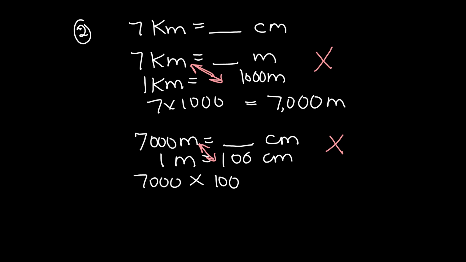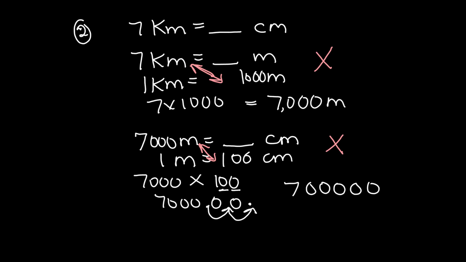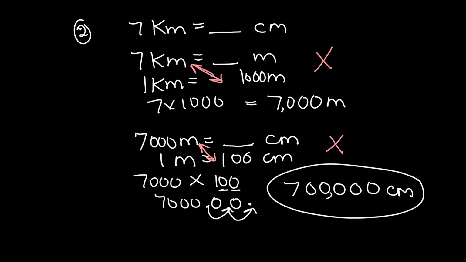Well, I can use my powers of 10 method. I know that with 7,000, the decimal at the end, I'm going to have to move it 2 times to the right. So now I have this 7 with 5 zeros. So I get 700,000 centimeters. That is my final answer.